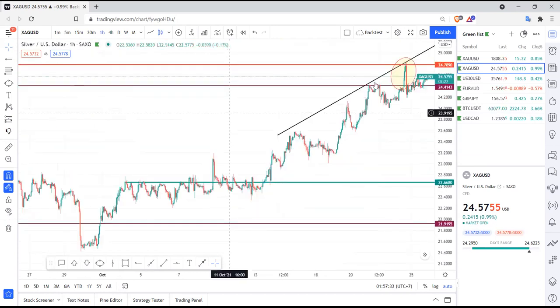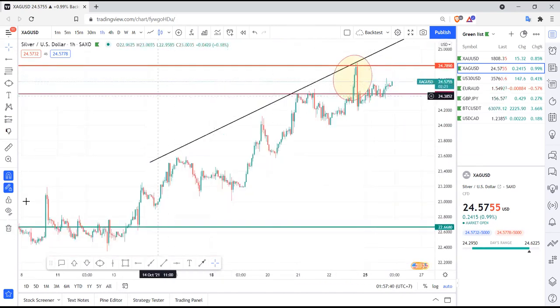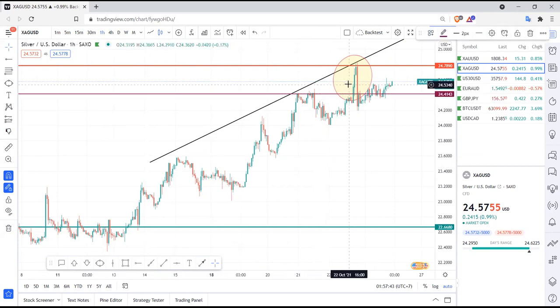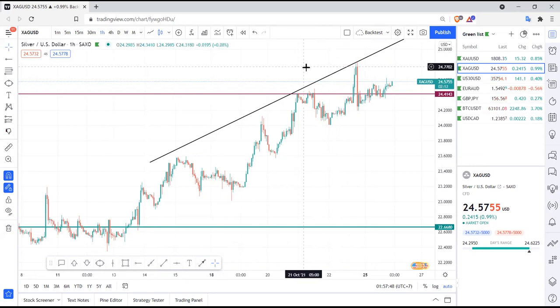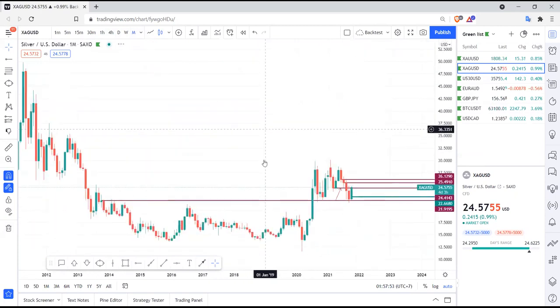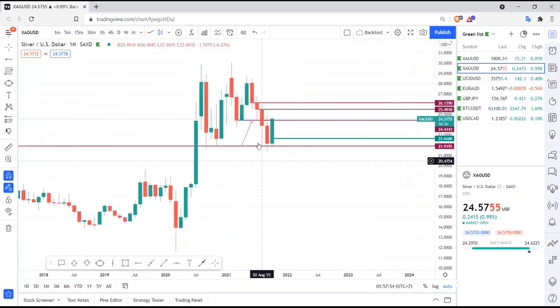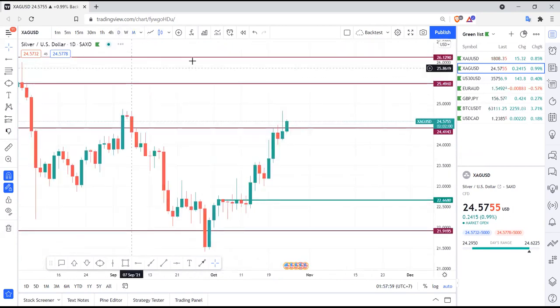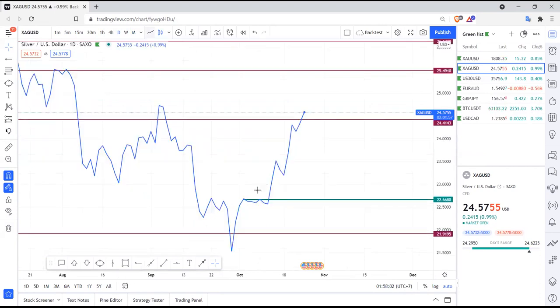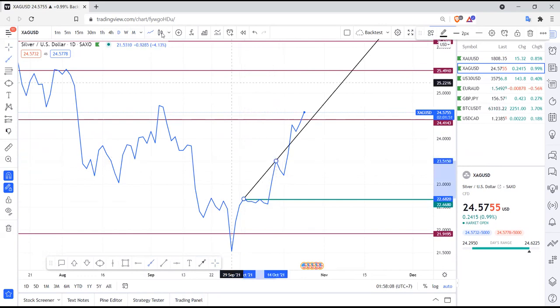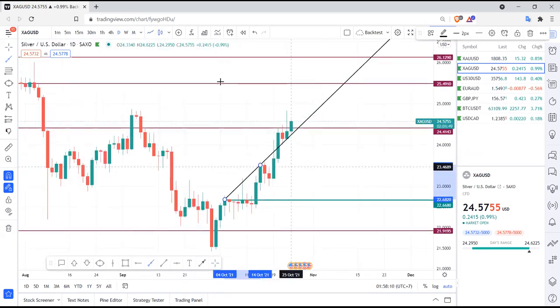I will explain first why price is going up. First we know that monthly rejects, so monthly to monthly. I will go to daily, and then I'm using this setup. Why am I using this setup?